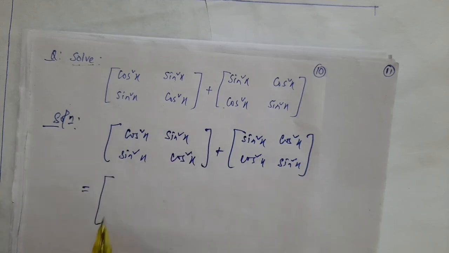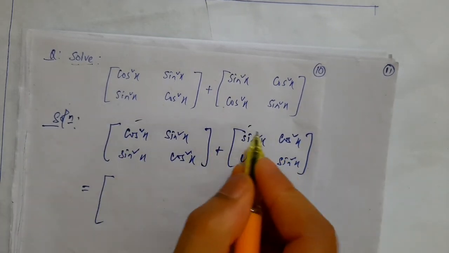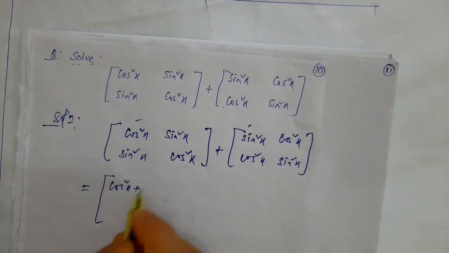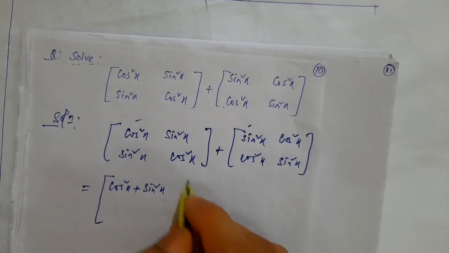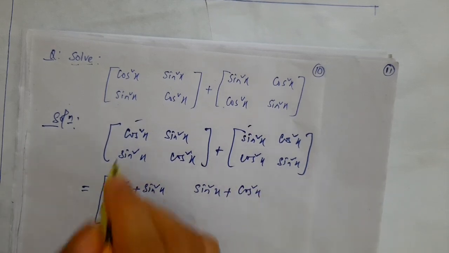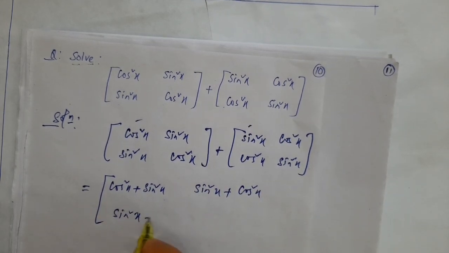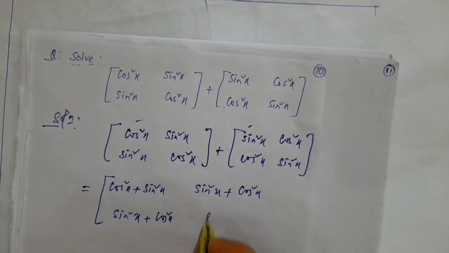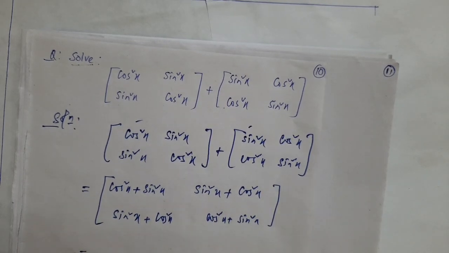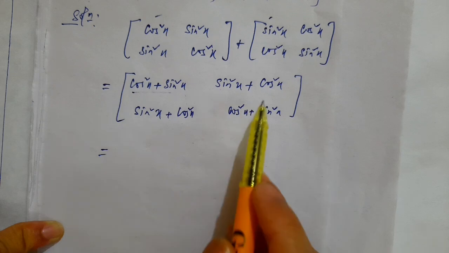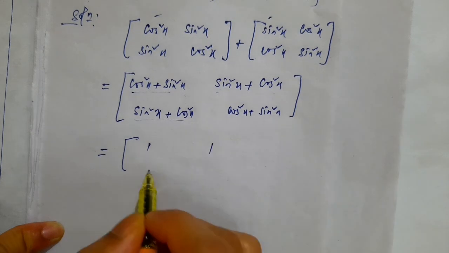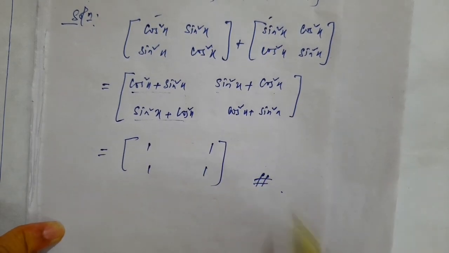We'll add the corresponding elements, the first element plus the first element of the second matrix. So cos squared x plus sin squared x, then sin squared x plus cos squared x, here sin squared x plus cos squared x, and here cos squared x plus sin squared x. You already learned this in trigonometry. What is the value of cos squared x plus sin squared x? 1. So 1 1 1 1. That is the result.